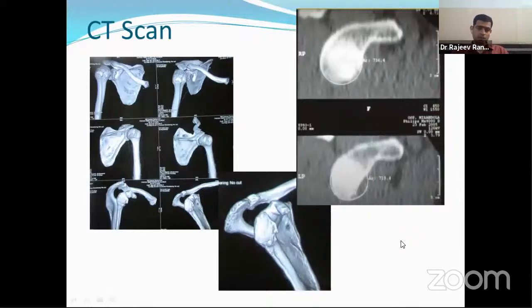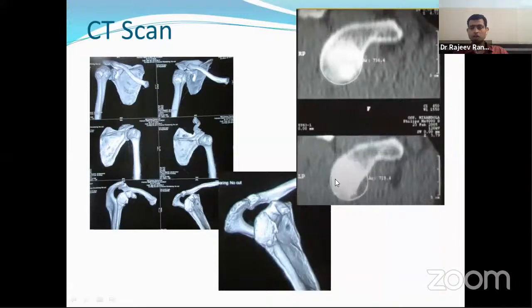CT scan provides the maximum information and also provides information for the planning of the further management of that patient. 3D reconstruction CT scan provides the maximum information regarding the Hill-Sachs and also the presence of any defect in the glenoid. And these 2D coronal cuts of the glenoid help in measurement of the glenoid bone defect.